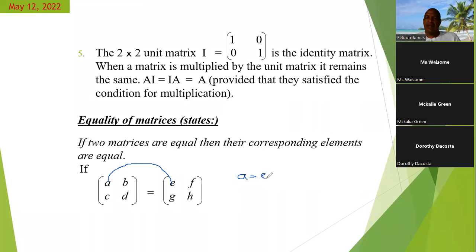Now B corresponds with F, so B must be equal to F. So once two matrices are equal, their corresponding elements must be equal. C corresponds with G, so C and G will be equal. And D corresponds with H, so D and H are equal.